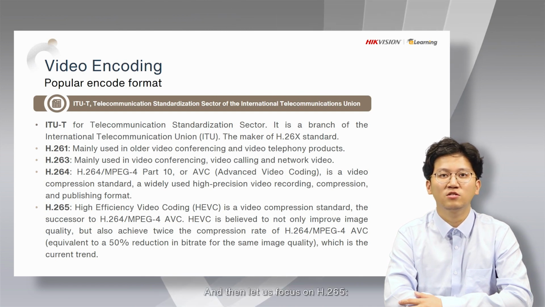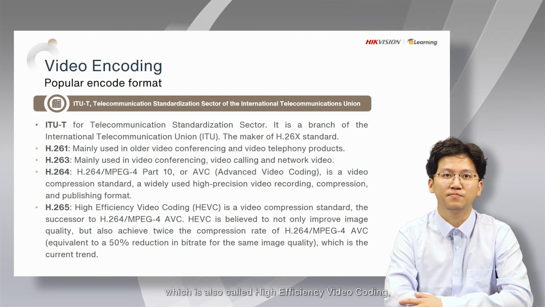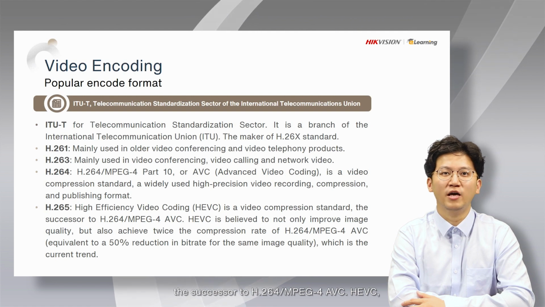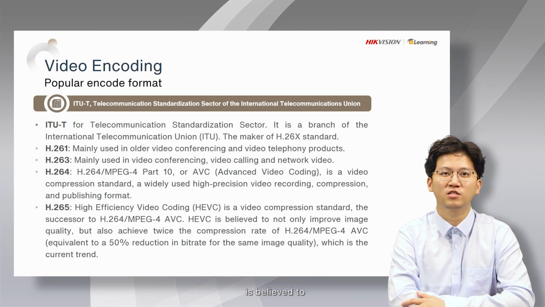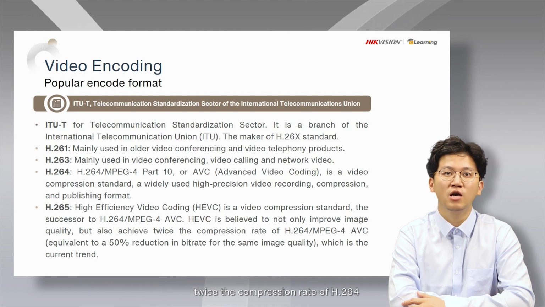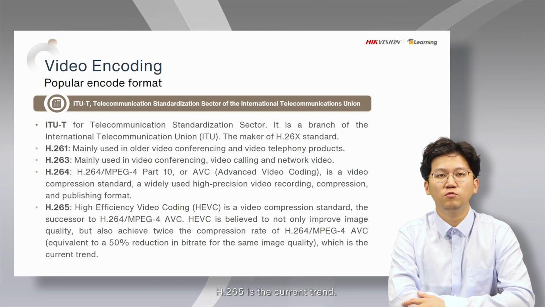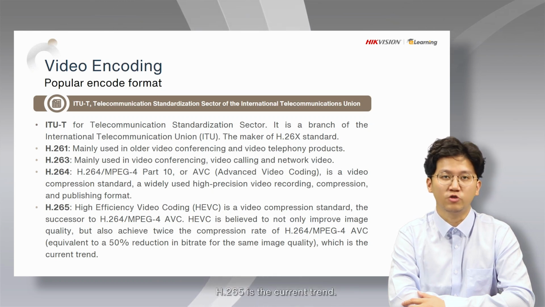And then let's focus on H.265, which is also called High Efficiency Video Coding, the successor to H.264, MPEG-4, AVC, HEVC. It's believed to not only improve video quality, but also achieve twice the compression rate of H.264 or MPEG-4 AVC. So H.265 is the current trend.